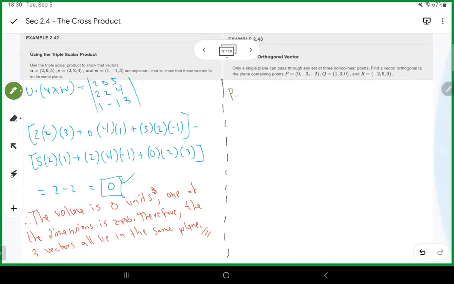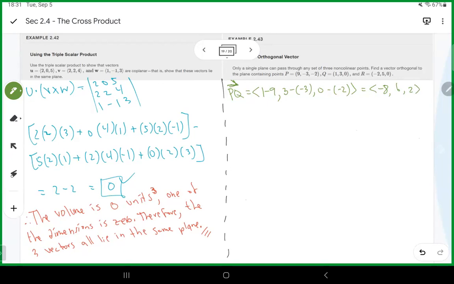So PQ is going to be 1 minus 9, 3 minus a -3, and then 0 minus a -2. So that's going to give us -8, 6, and 2.